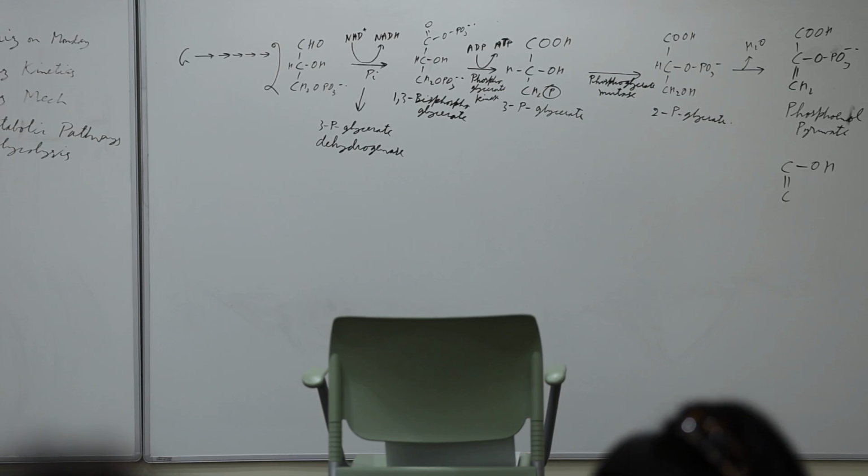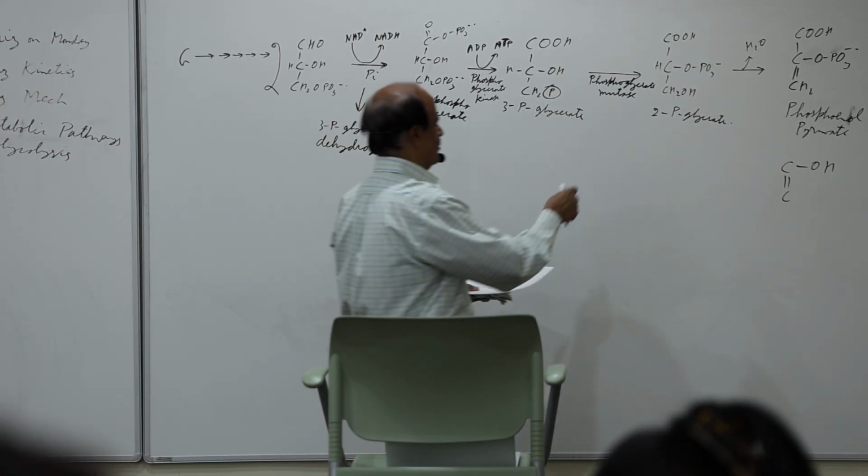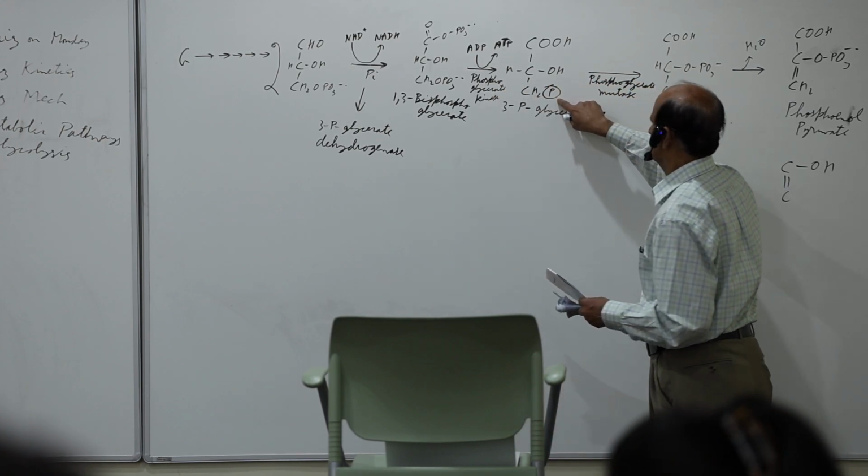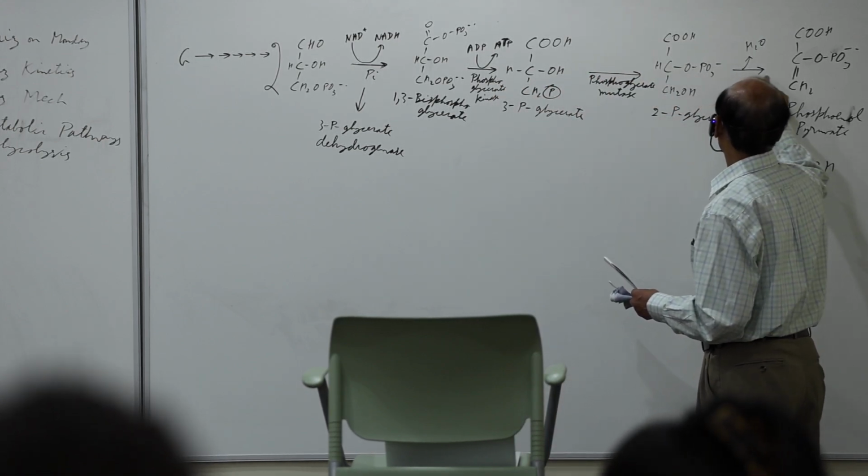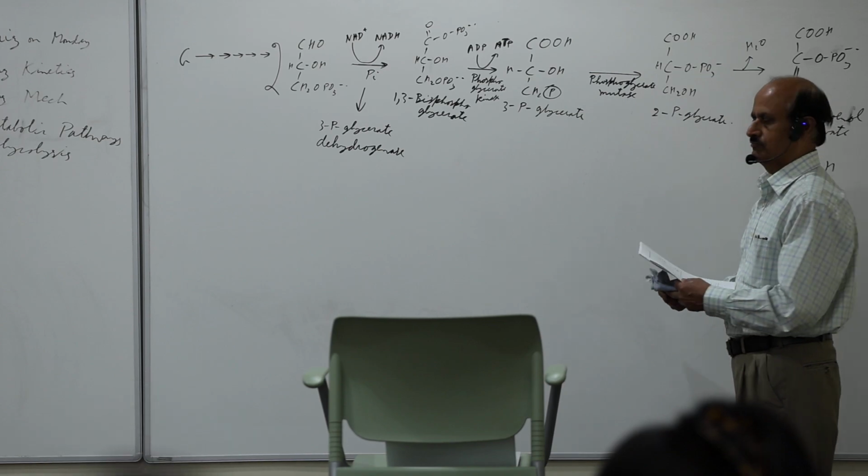It is one of the highest energy molecules that has the highest phosphoryl transfer potential, and that was the reason for moving the phosphate from 3 to 2, so that you can get the enol phosphate.